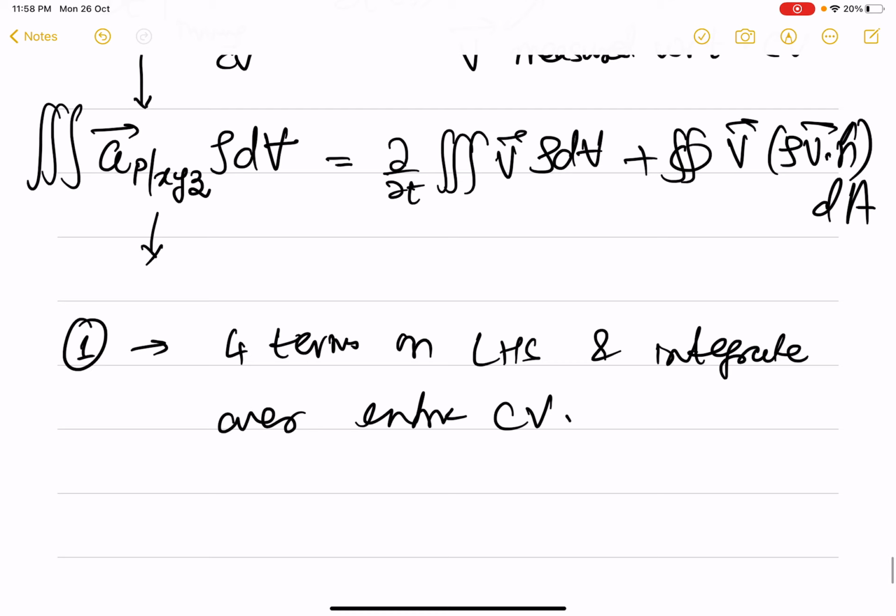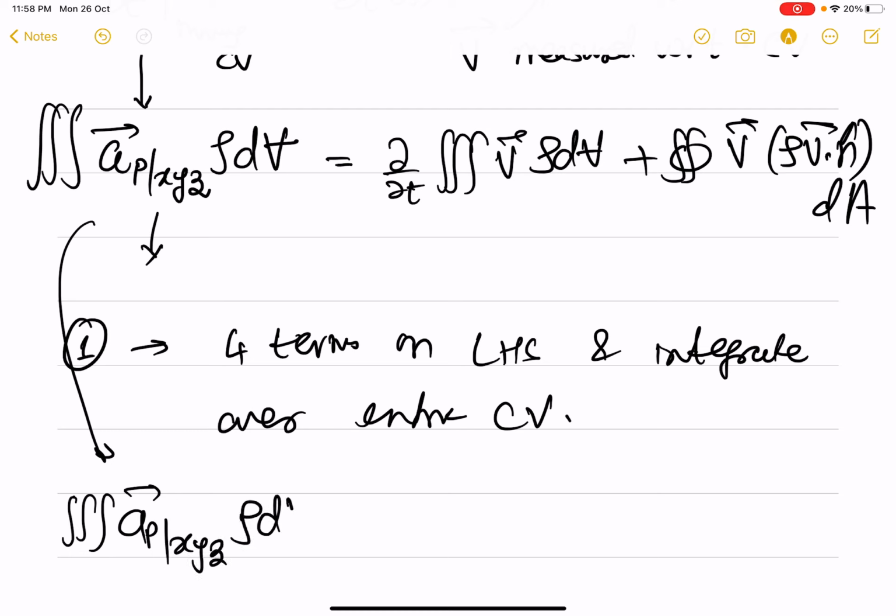So what we get is the first term. So let's now use mechanics for this. We have the triple integral of AP with respect to x, y, z, rho dV.